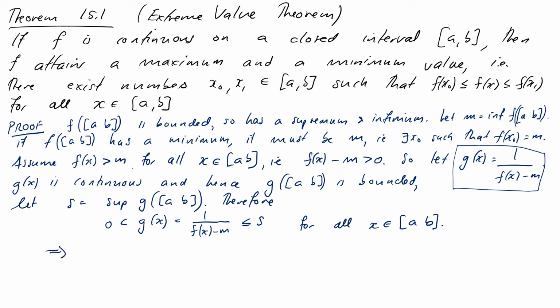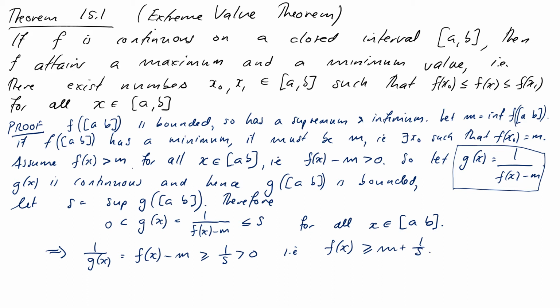So now we've got a statement about our original function: f of x minus m is greater than or equal to 1 over S, which in turn is greater than 0. That is, f of x is greater than or equal to m plus 1 over S.